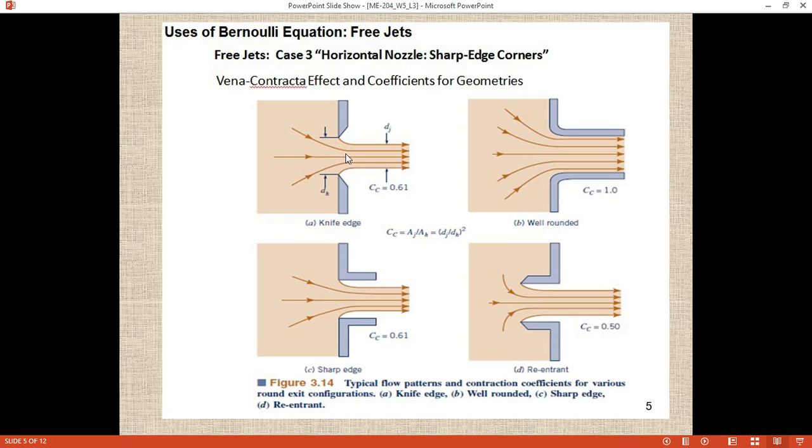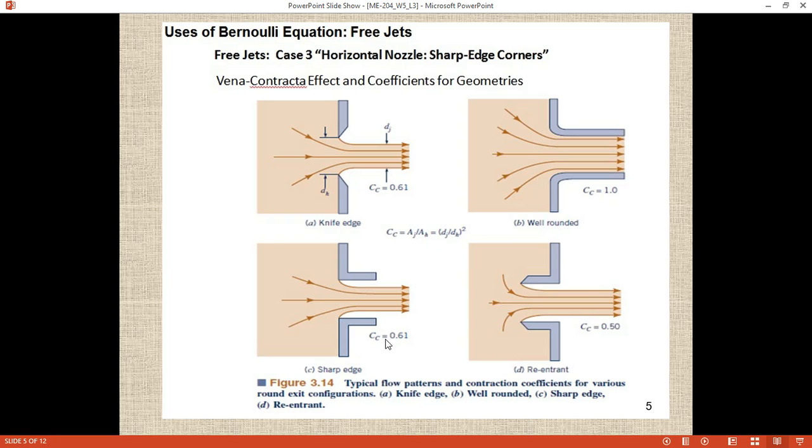So there is a correction coefficient, that is Cc equal to 0.61. Since it is the geometrical correction, Cc is equal to Aj over Ah, so Dj squared over Dh squared.